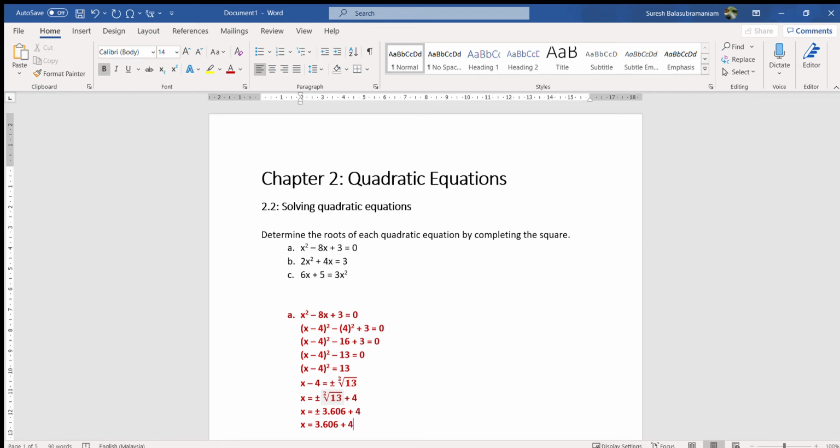This is the first answer. The second answer will be negative 3.606 plus 4. So I'll have two answers.